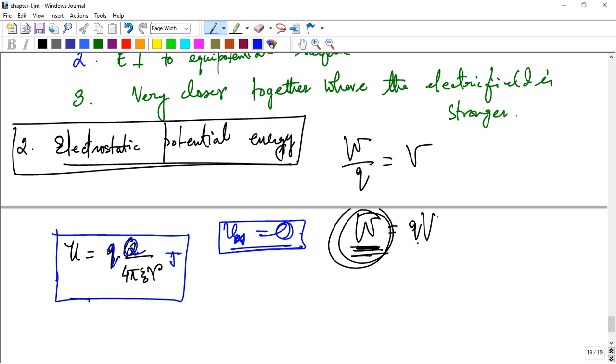So U equals QV, similar to W equals QV; work done and energy are actually the same. Change in energy is also equal to work done, the work-energy theorem.